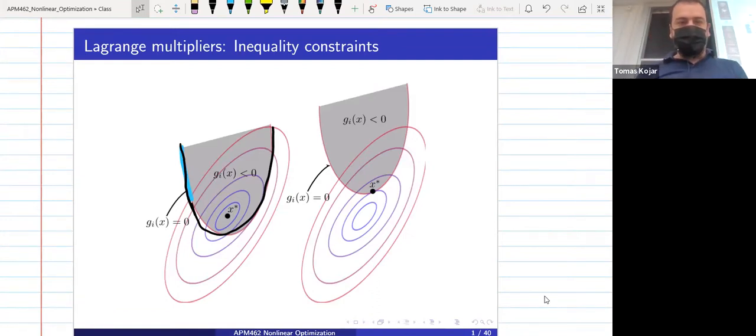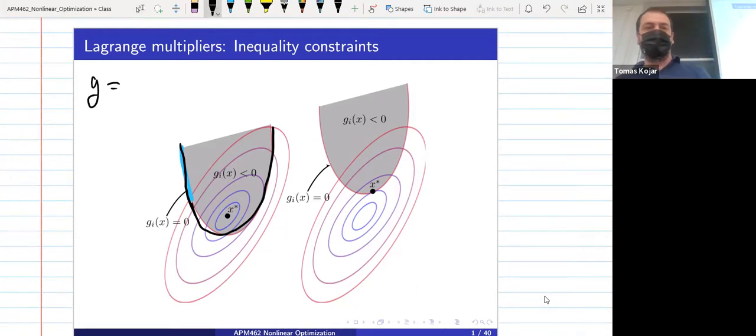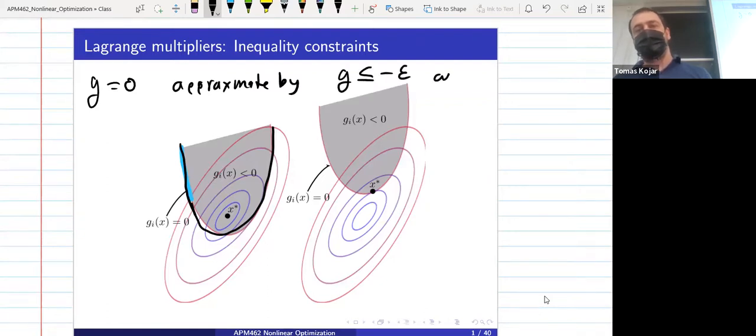Anyhow, if G is 0, you can approximate it by G less or equal than minus epsilon, and G being less than epsilon. Let me write this one.